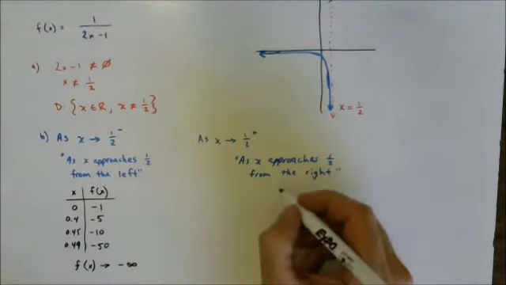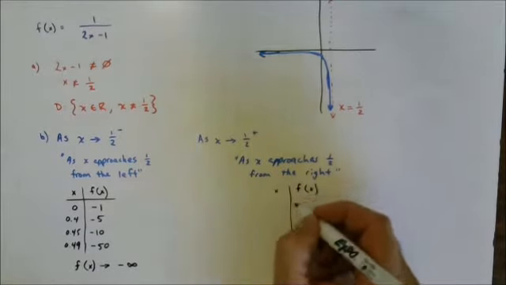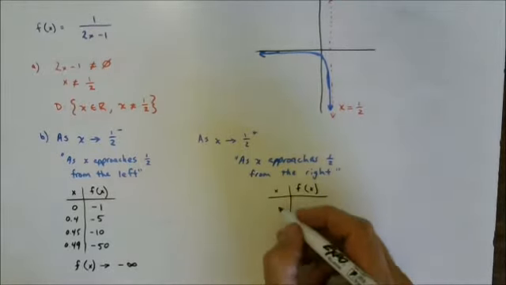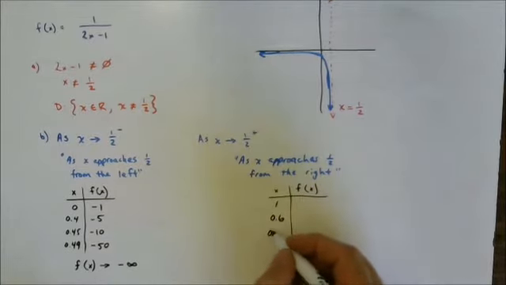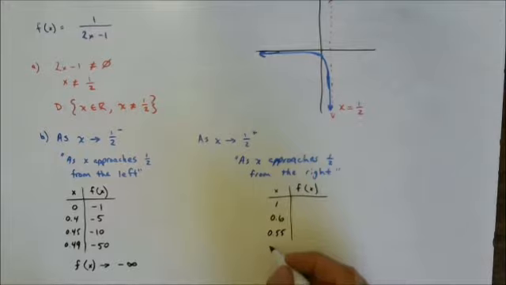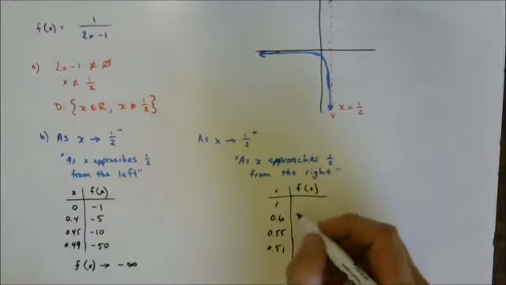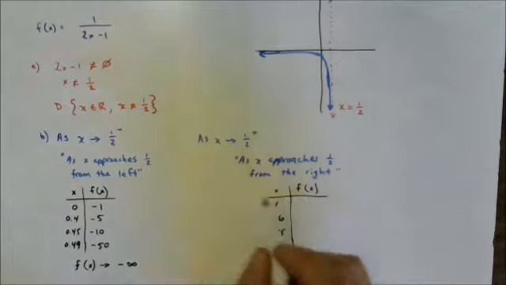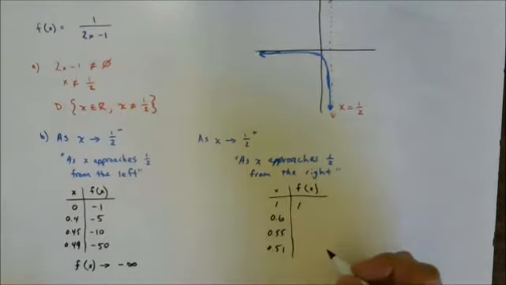Same thing as x approaches from the right. This time we're looking at a chart where our x values are going to be coming down from 1, 0.6, 0.55, 0.51. That's enough test values. And again, we plug this all in. When we put 1 in here, we get 1/1, which is positive 1.